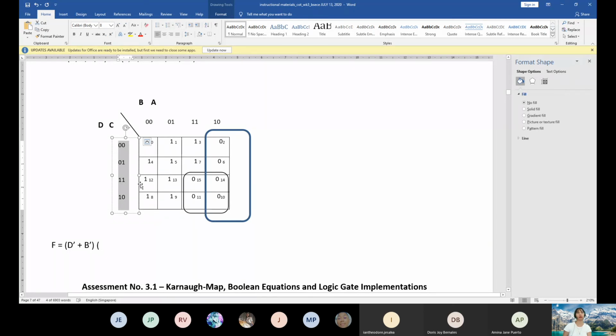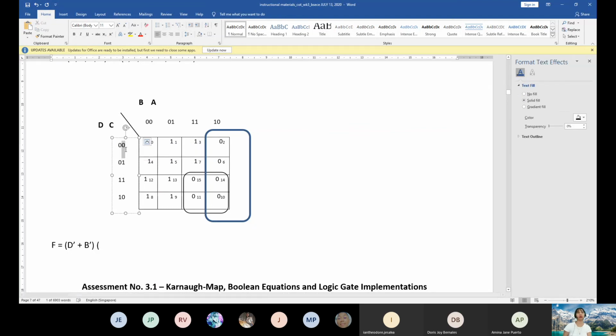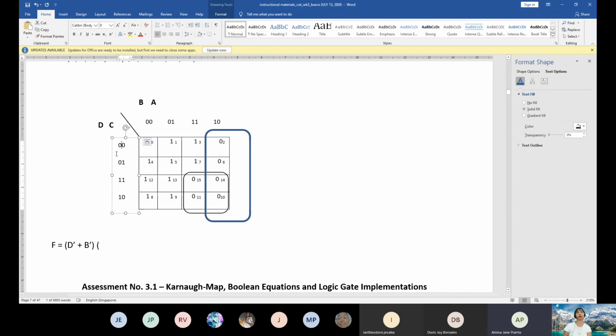Then compare C: 0, 1. What will happen to C? Eliminated. C is eliminated, whereas for D it is 0, 0, 1.